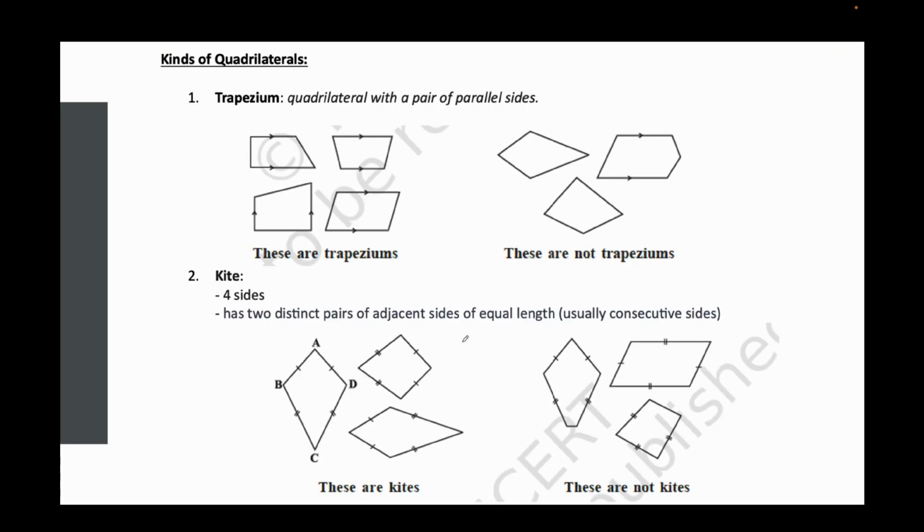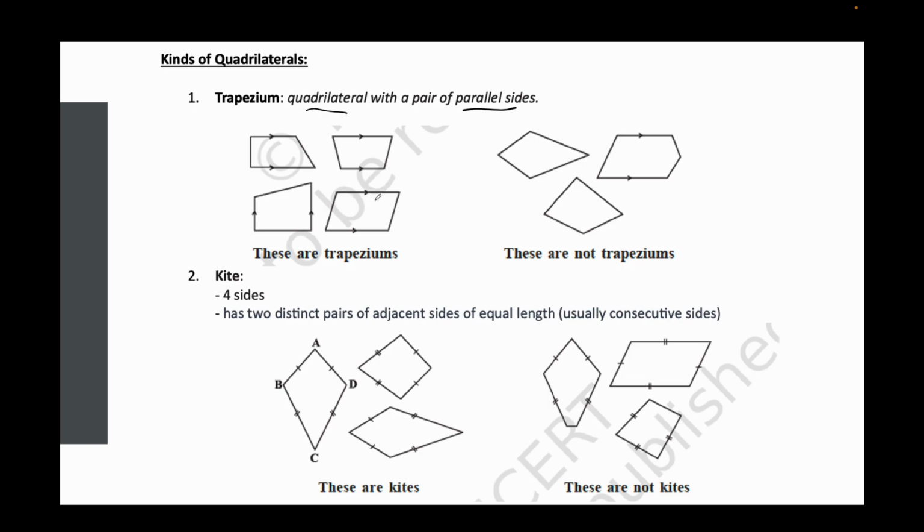So next we come to the kinds of quadrilaterals. The first one is the trapezium. What are the properties of a trapezium? It is a quadrilateral, which means it is a four-sided shape, with a pair of parallel sides. So this is parallel to this.